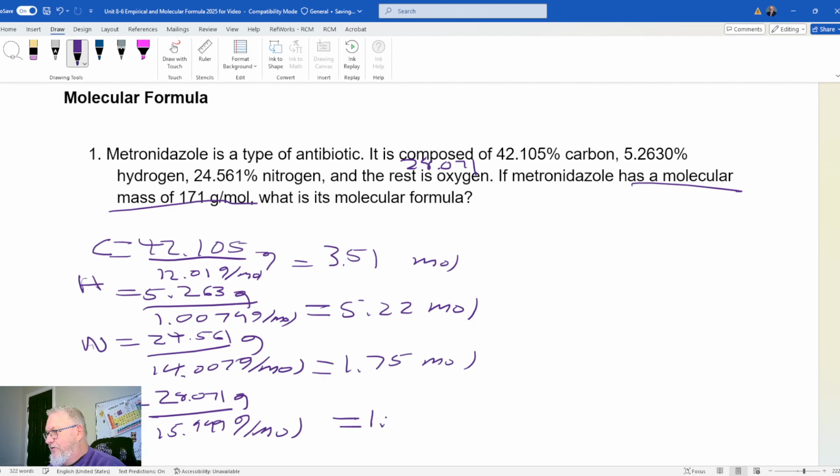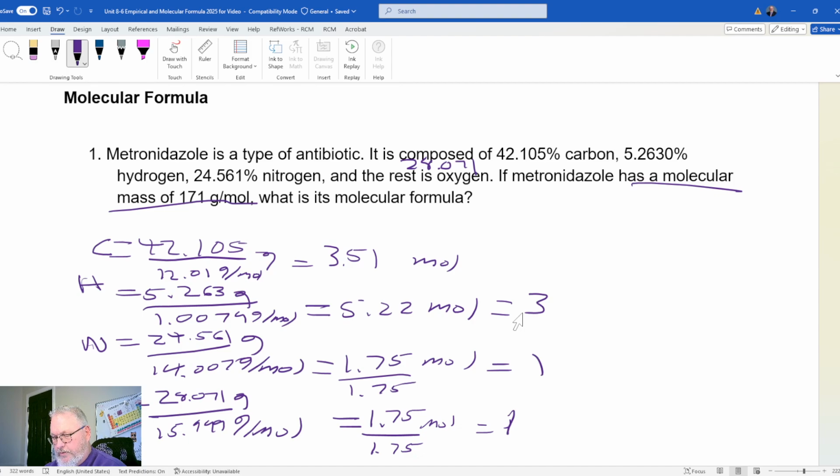To get the empirical formula, which one of these are we going to use? Of course, we're going to use 1.75, because that's the smallest one. So I divide each by 1.75. Nitrogen and oxygen give 1, hydrogen 5.22 divided by 1.75 gives 3, and carbon 3.51 divided by 1.75 gives 2.005, which should be a 2.